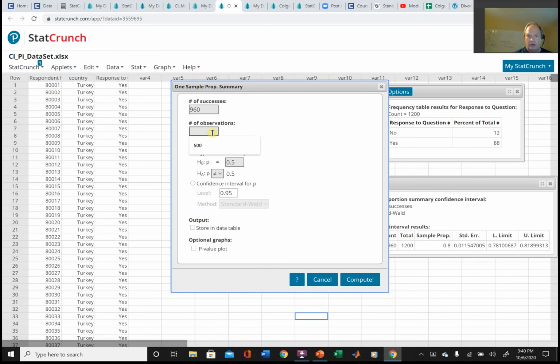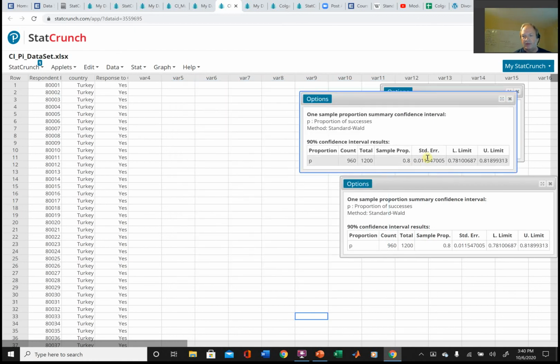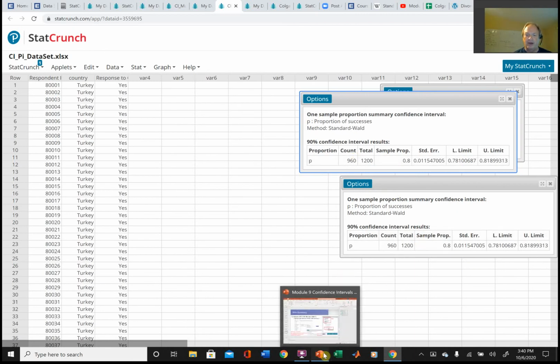Sometimes you can do it in your head. Okay, there's your sample size. I am computing a confidence interval, and my confidence level is 90%. And as advertised, there we go. And I've already done it here, so the output's here twice. Very good.